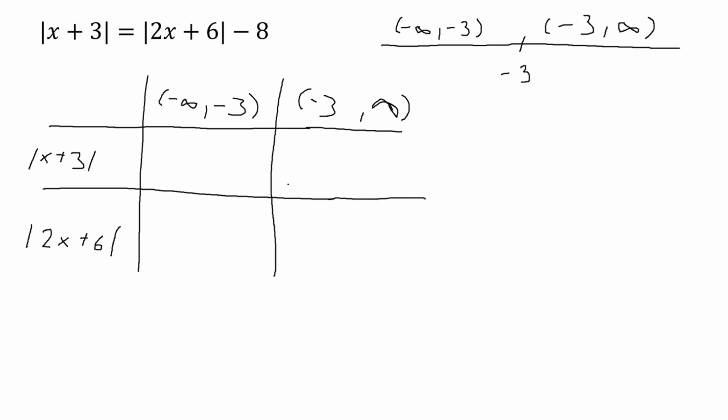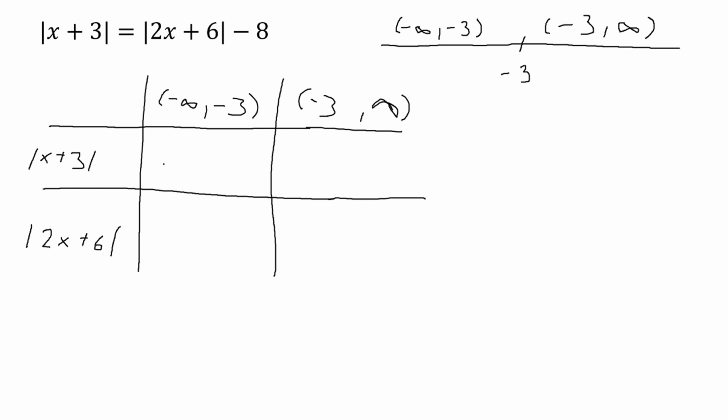And now what we're going to do is figure out whether, if we take a random number from this interval, for example, negative infinity to negative 3, and we put that in x plus 3, we are going to get a positive or a negative result. So, for example, let's take negative 4, which belongs to the interval of negative infinity to negative 3, and replace that for x.